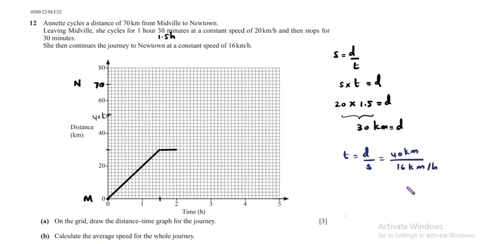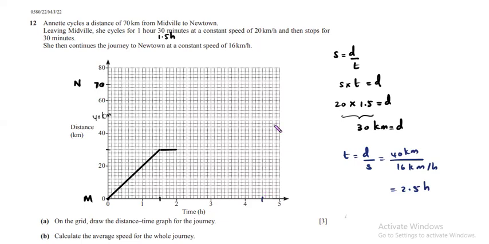So 40 divided by 16 gives us 2.5, which means she reaches Newtown from where she is at 2 p.m. in 2.5 hours. From 2 o'clock, 2.5 hours means it's going to be 4.5 hours or 4:30.